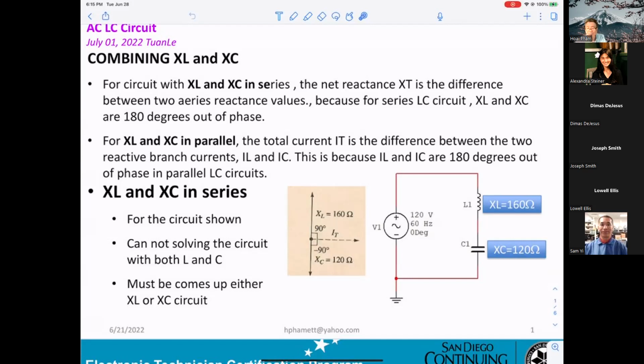You must come up with an XL circuitry or XC circuitry depending on which one is higher. For this example, I get 160 and 120, so you take 160 minus 120, you get 40. That 40 will be XL.